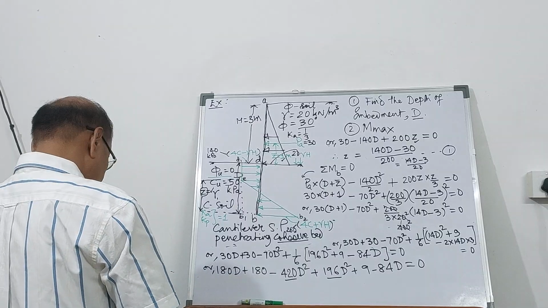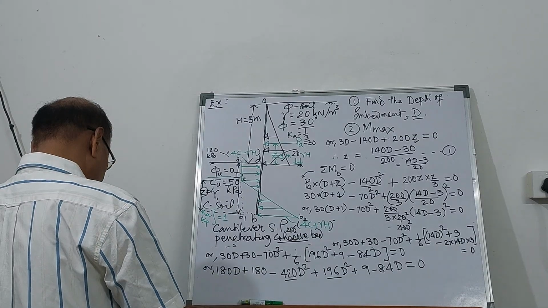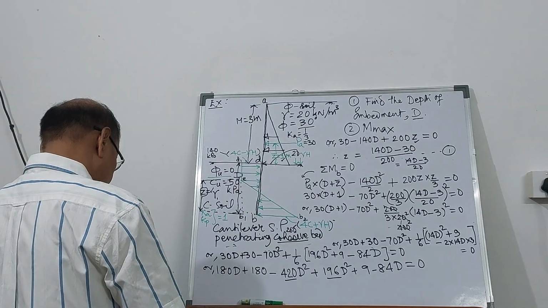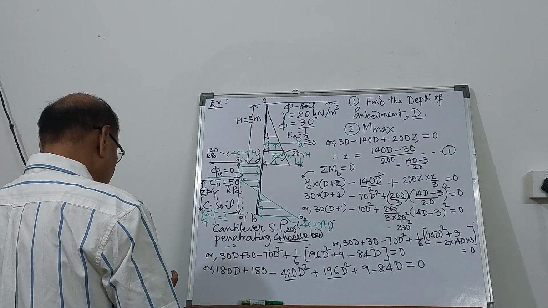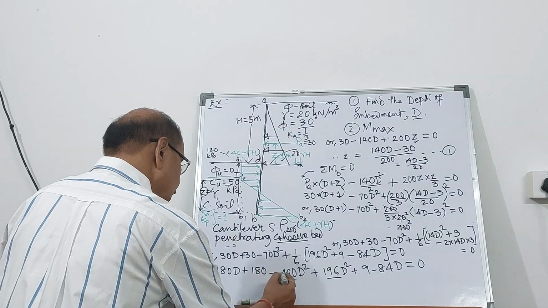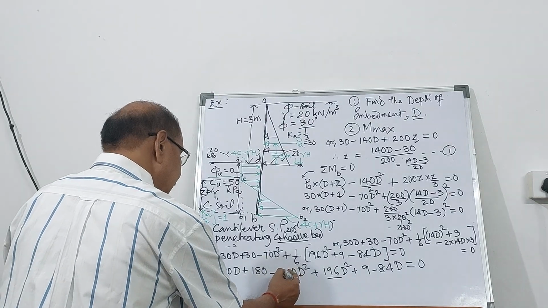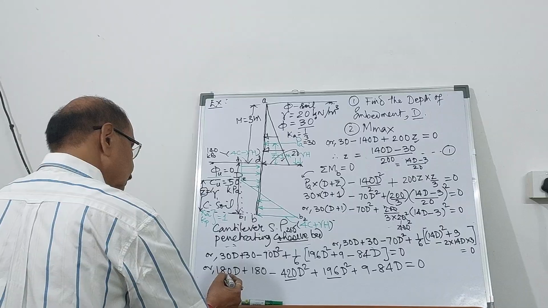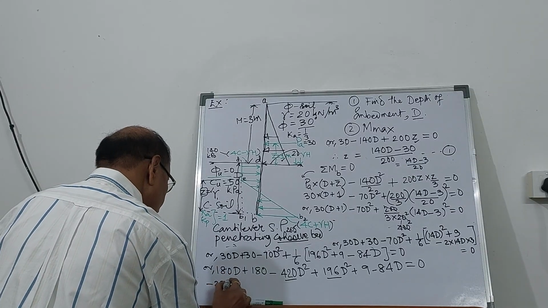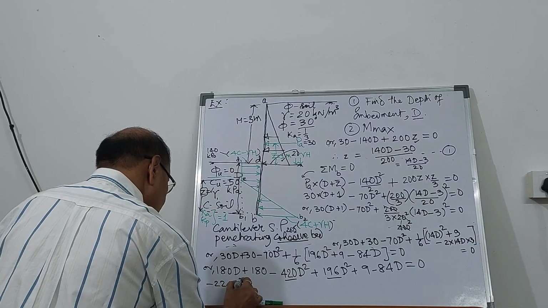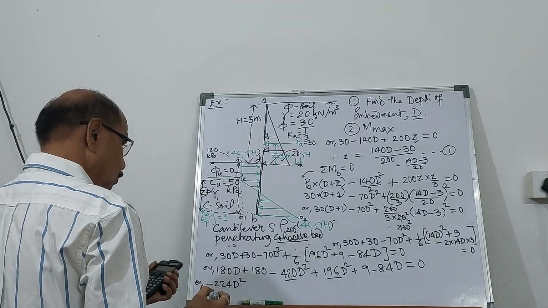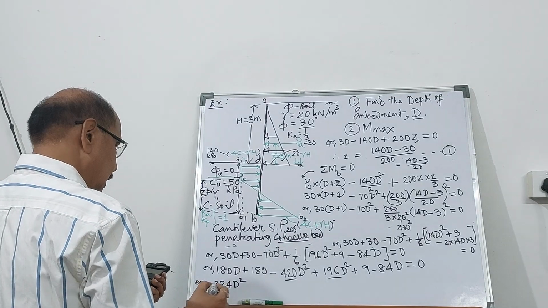So this becomes equal to minus 224 d square. So minus 224 d square.